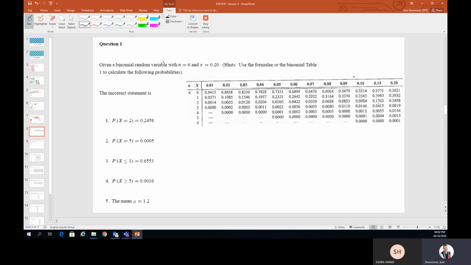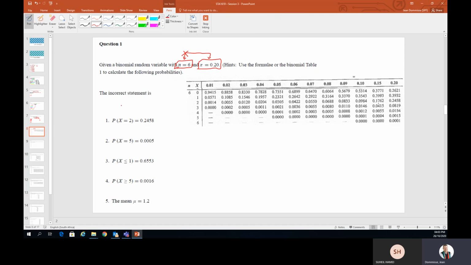They need to give you the n, and they need to give you pi. Those two numbers are a given, otherwise you can't work with it.